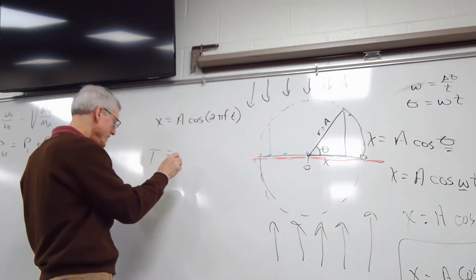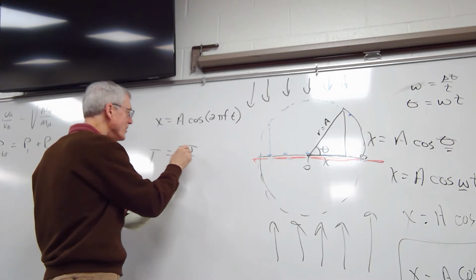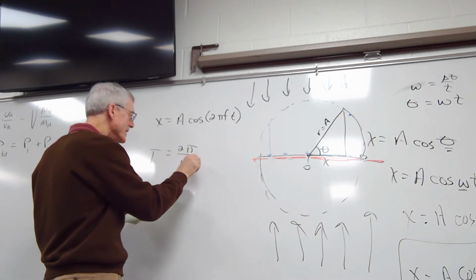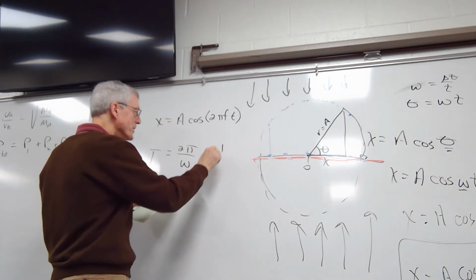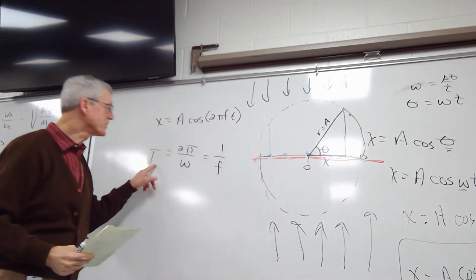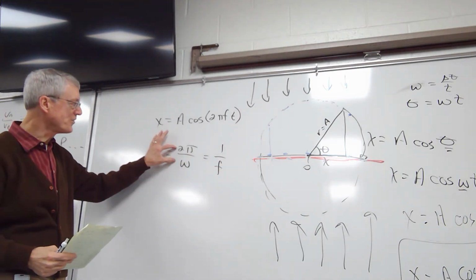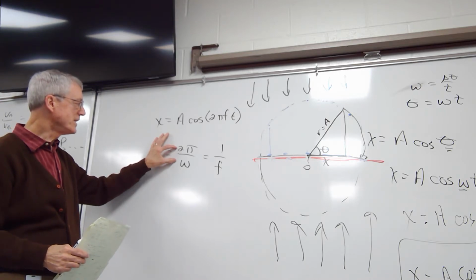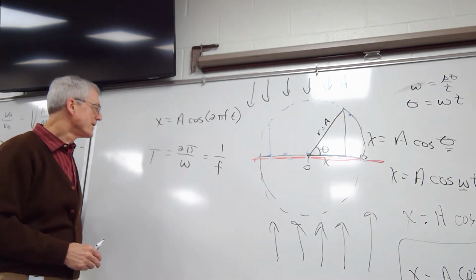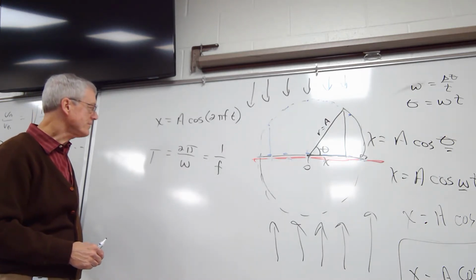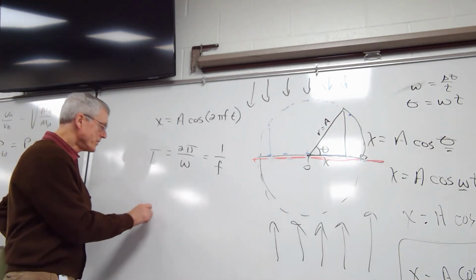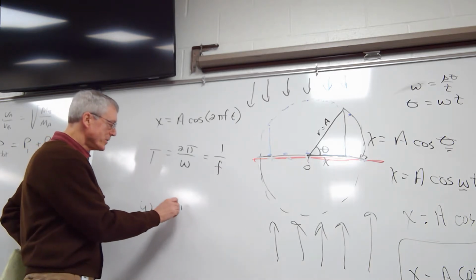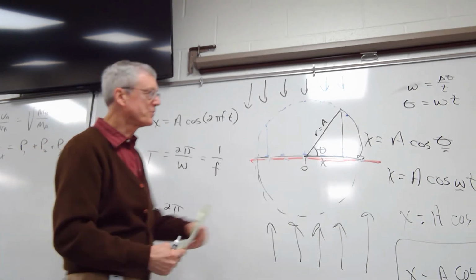Now look at it. T is equal to 2 pi over omega, and it's also equal to 1 over f. Okay, we already talked about the 1 over f thing, but look at this. What is 2 pi over omega? You learned that omega is 2 pi over T. In fact, we wrote that right there.